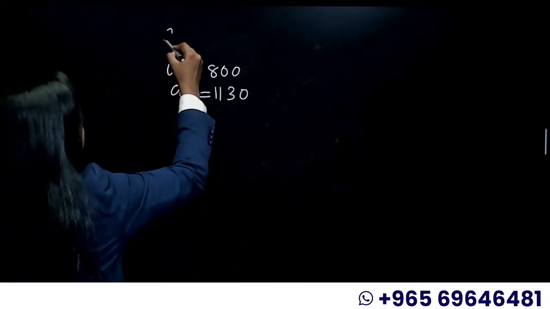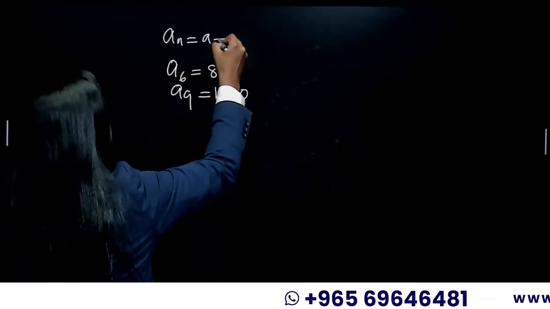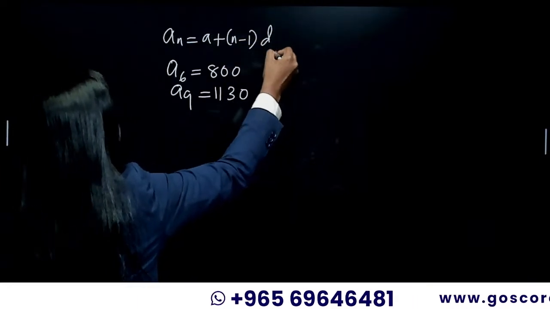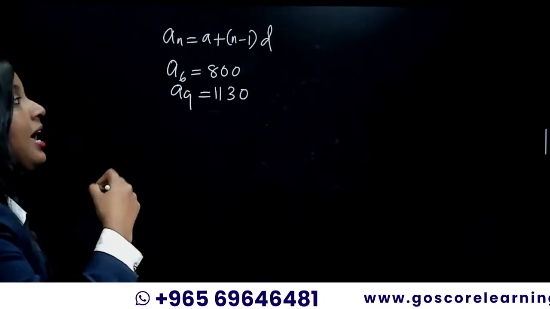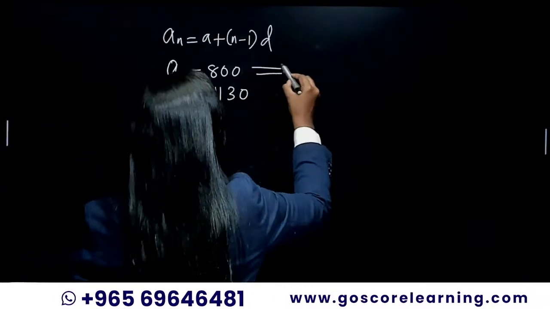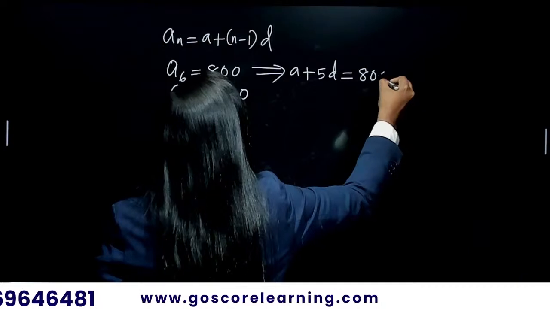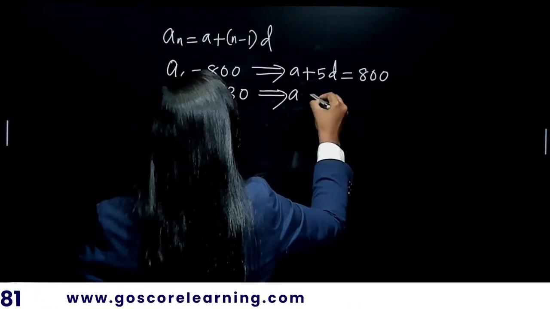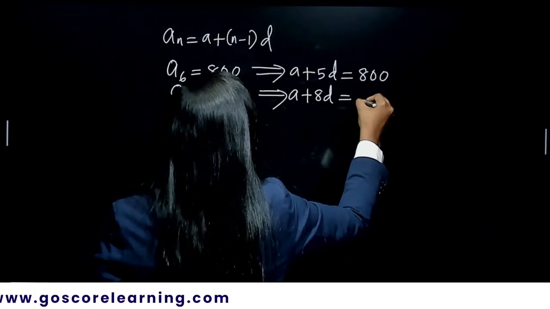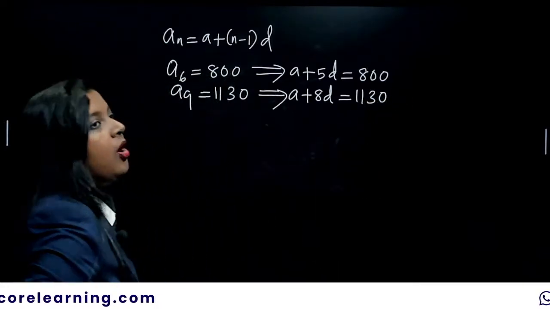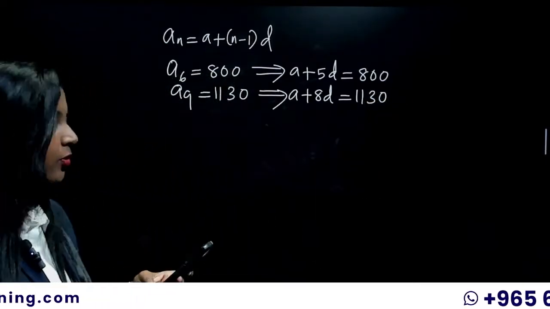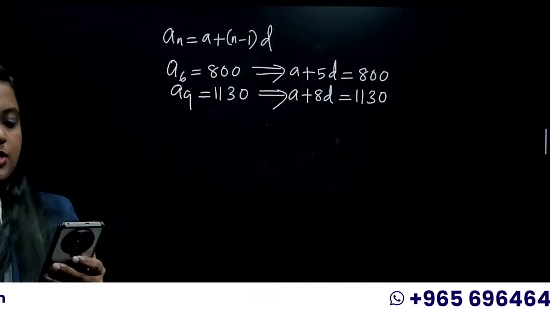We know that AN is equal to A plus N minus 1 into D. So A6 is going to be A plus 5D. So this implies that A plus 5D is equal to 800. And the second one implies that A plus 8D will be equal to 1,130. These two things are given.